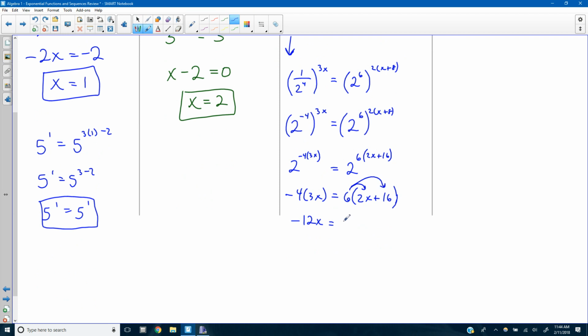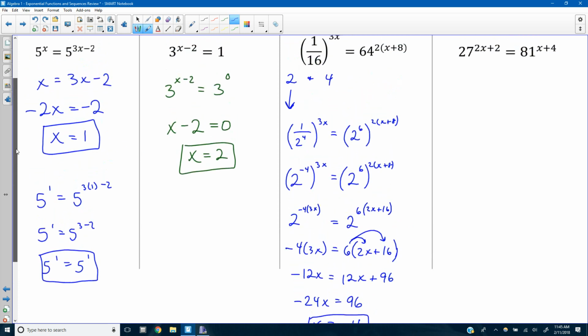We'll get 12x plus 96. Subtract 12x from both sides. That's negative 24x equals 96. And divide by negative 24, I think we get x equals negative 4. I think that's what that value ends up being. So it's kind of a longer problem when we did that, but that's what we got as a result.